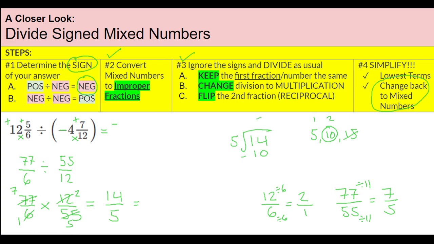And then my remainder will be 4. So 2 remainder 4. That means 14/5 equals 2 and 4/5. The 4 is the remainder. That's not my answer though. Remember, we said our answer was going to be negative. So the answer is -2 and 4/5.